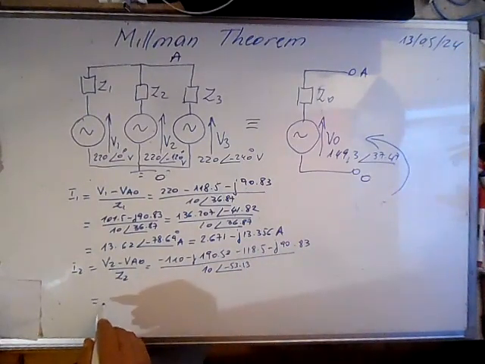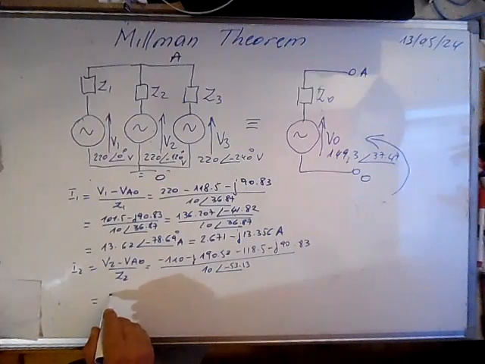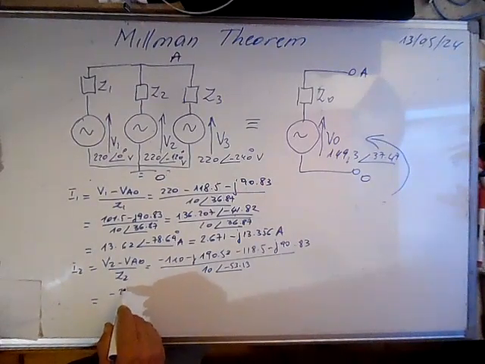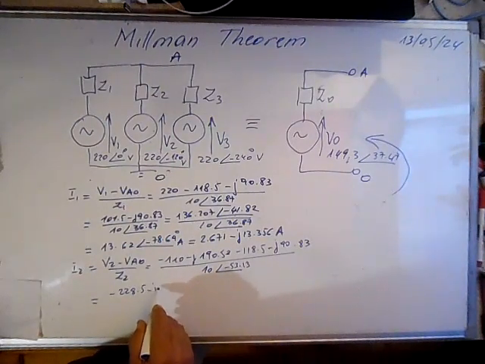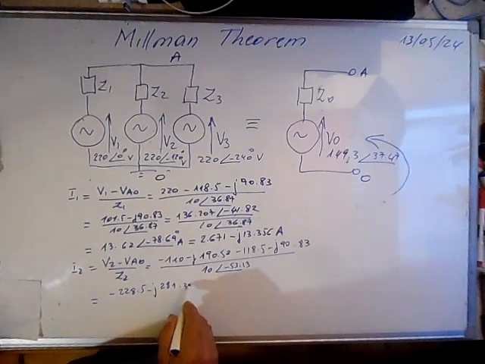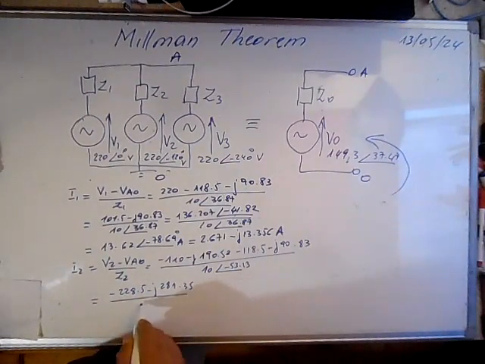So it will give us a voltage of minus 228.5 minus j281.35 over 10 at minus 53.13.